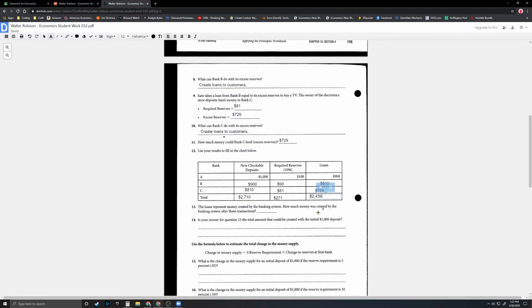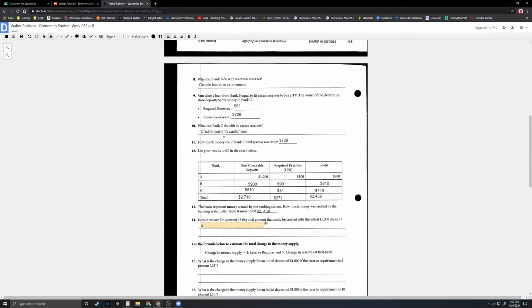All right. So question 13 is asking you, the loans represent money that was created by the banking system. How much money was created by the banking system after these transactions? So it's right here. It's the money that was created through the loan process. So what you do is you put $2,439. All right. Now question 14 asks you, is your answer for question 13 the total amount that could be created with the initial 1,000 deposit? And we did A, we did B, we did C. What it's asking is could you do more potentially?